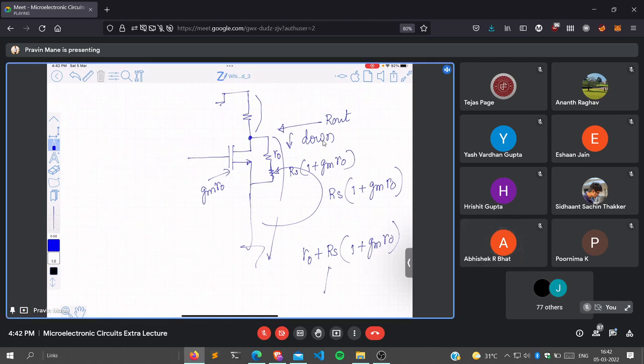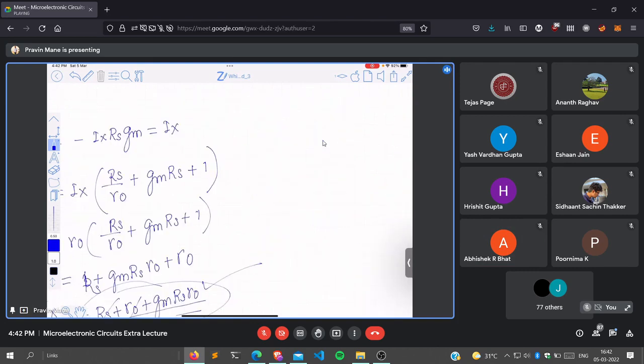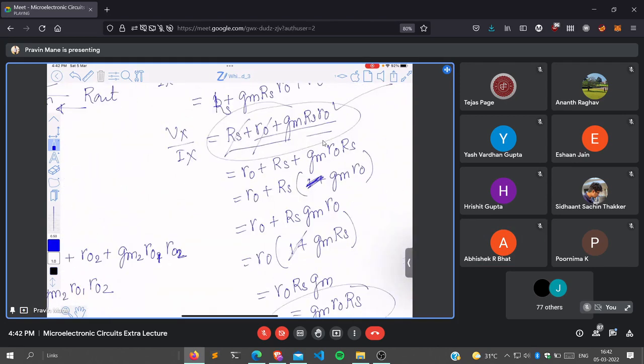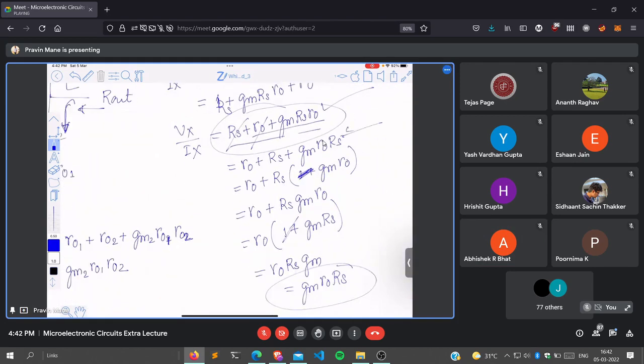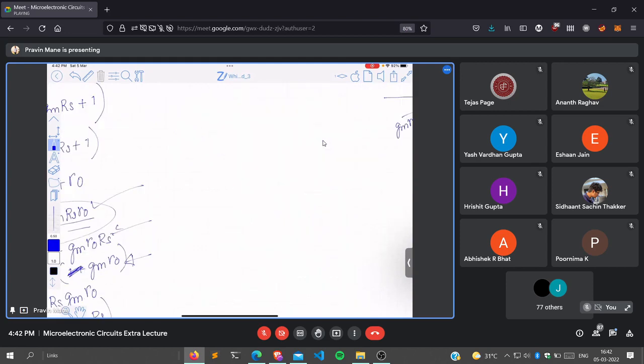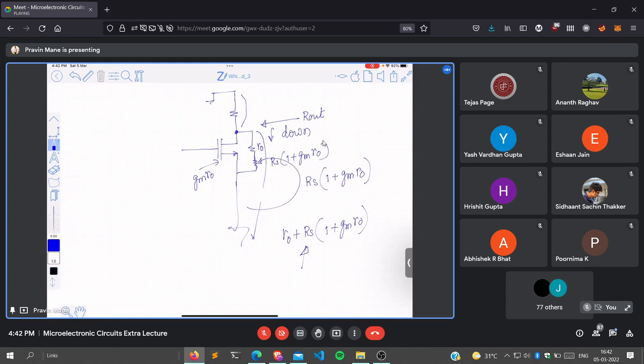And this is the equation that we got previously when I solved it by small signal by writing all the equations. So this is the equation that I was talking about. And sometimes I require the impedance looking from the source. What should I do? This should be brought here, and RO should also be brought here.